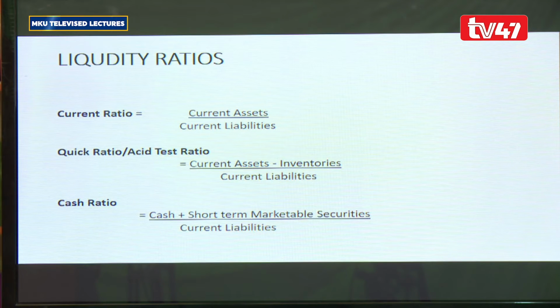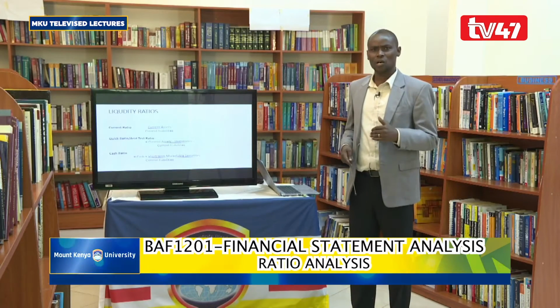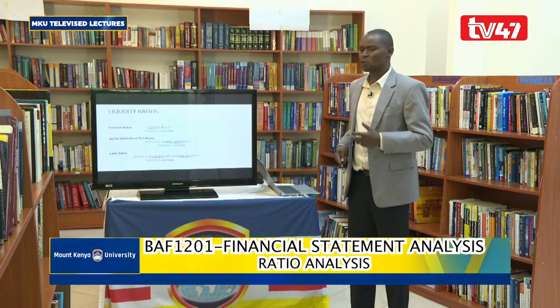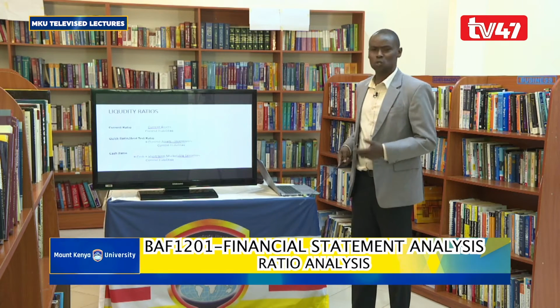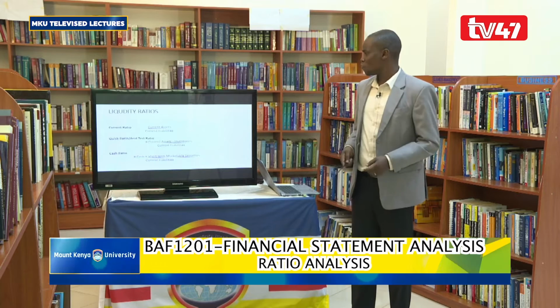As we interpret, we ask ourselves: are the current assets that we already have in a firm enough to clear the current liability? So in liquidity ratio, we are comparing the current assets with the current liabilities so that we know whether we are in a better position to clear the liability as it falls due for payment.